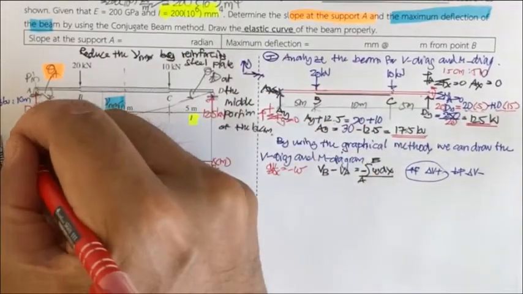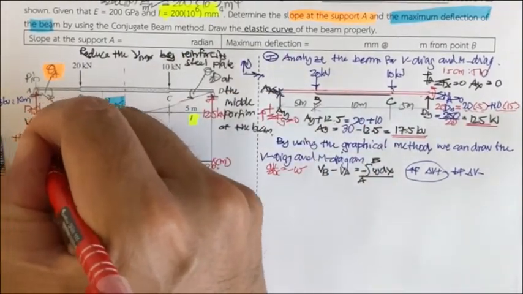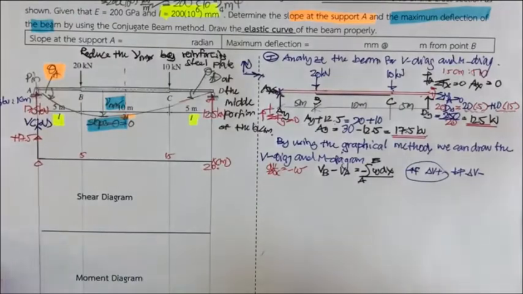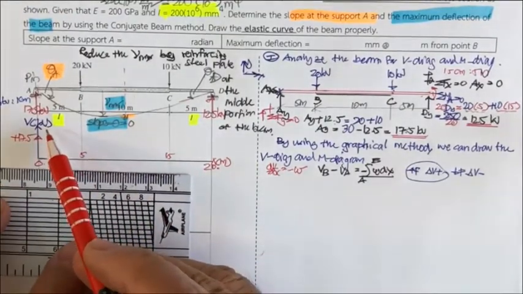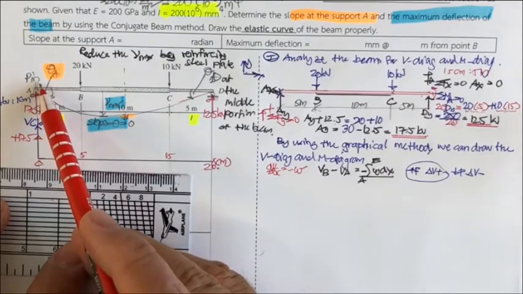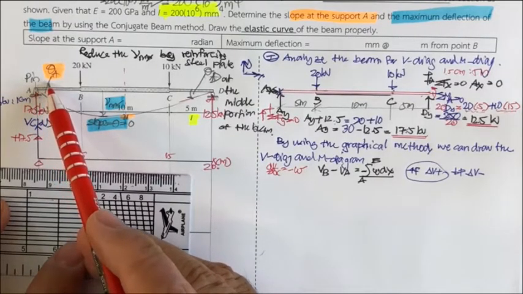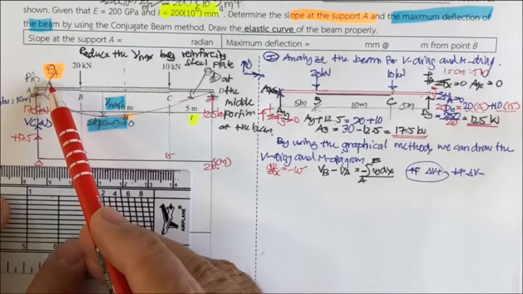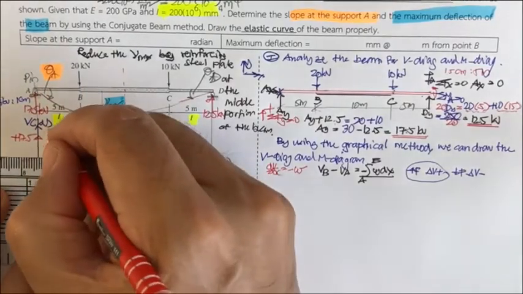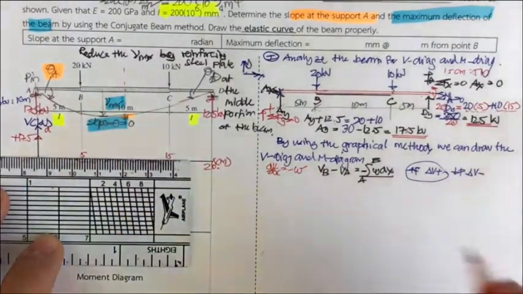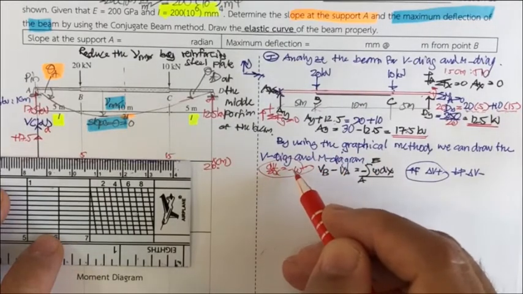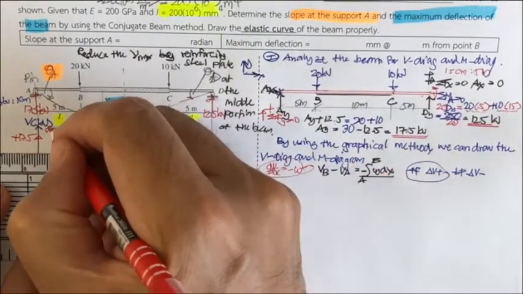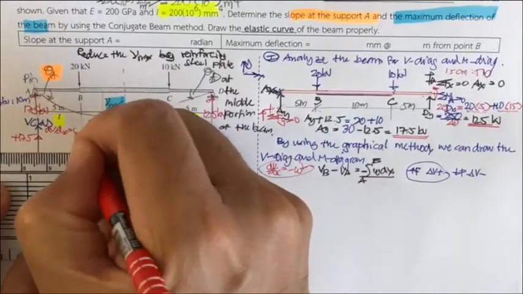That is going to be plus 17.5. You need to put the kilonewton because the kilonewton is already here. And then you move past A, you may see the distributed force is 0, right? When the distributed force is 0, dV by dx is equal to 0.